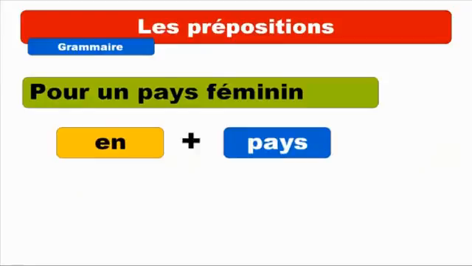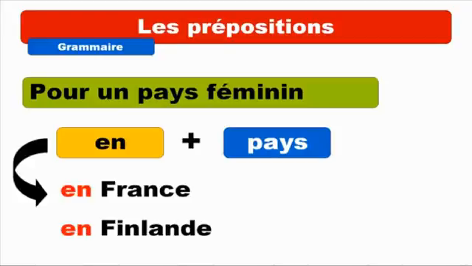Let's see how they work. For a feminine country, as we saw, you will have to use the preposition en, and then add the country right after. Some examples: en France. Repeat. En Finlande. Repeat.